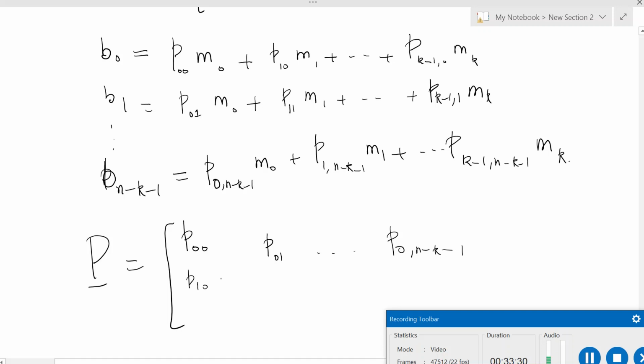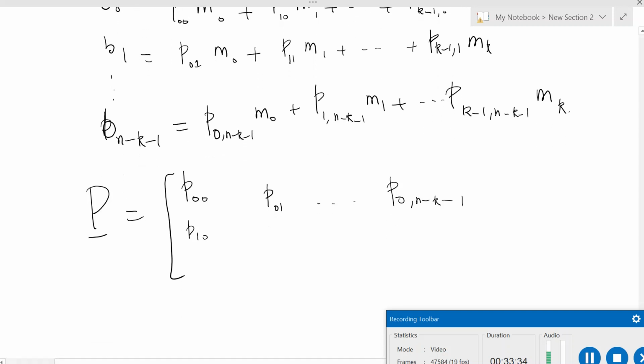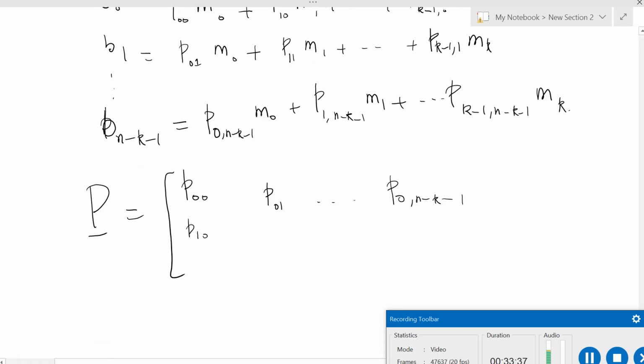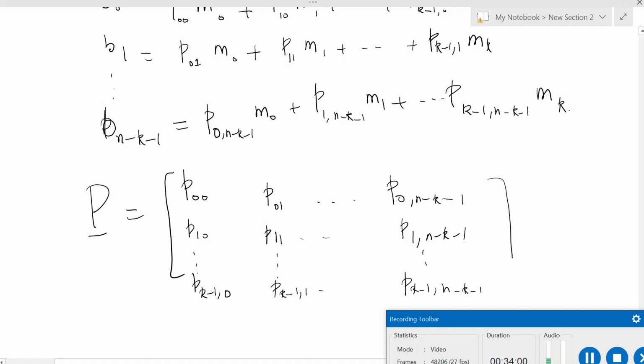I am taking these rows into the columns here because we have to multiply it in a particular fashion. You will see that soon. p11, p1 n minus k minus 1, so on so forth, pk minus 1 0, pk minus 1 1, pk minus 1 n minus k minus 1.